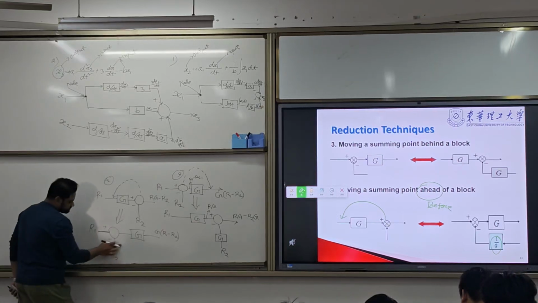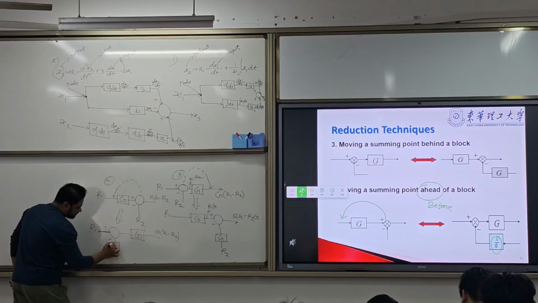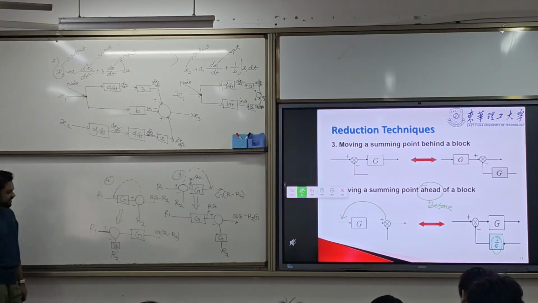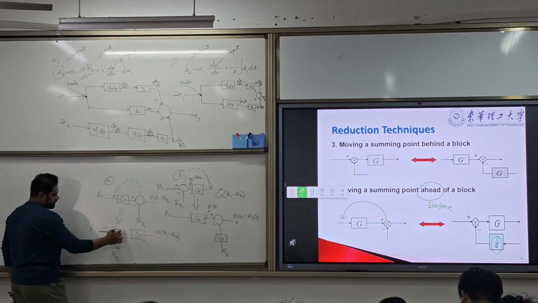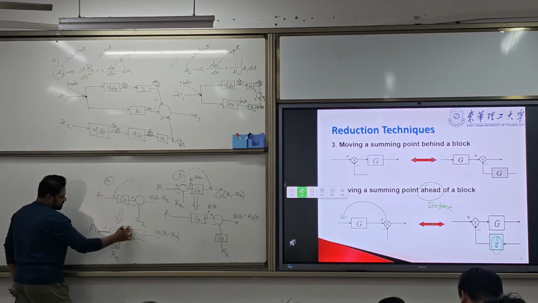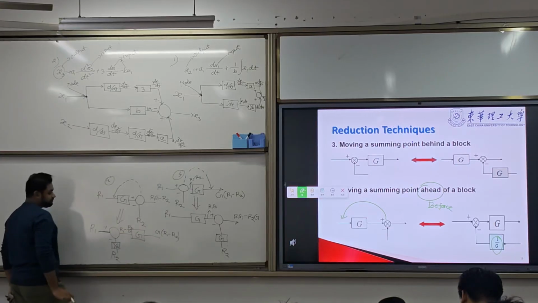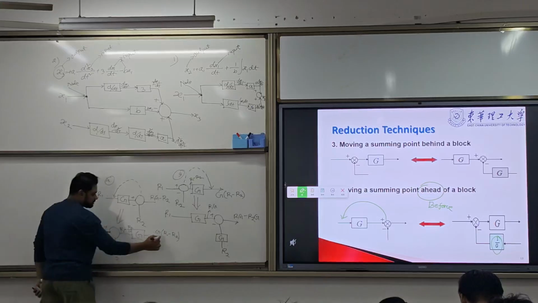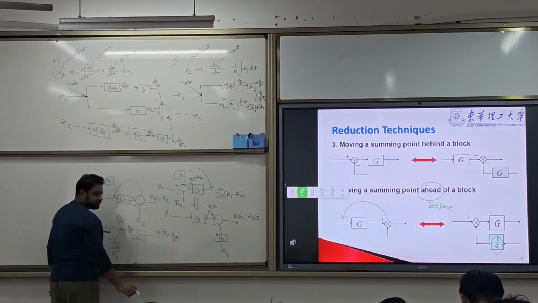So what do we need? Here, if we multiply with 1 by g, then look at the output here first: R1 minus R2 by g. Now if it goes there, R2 by g, we will have a g.